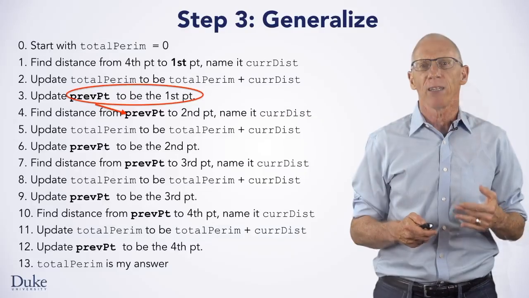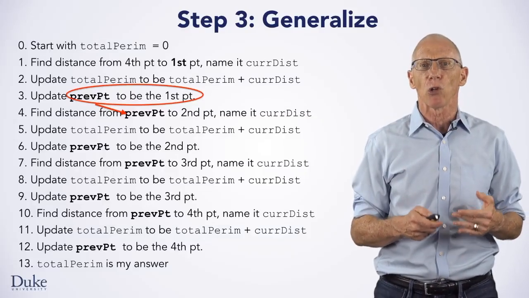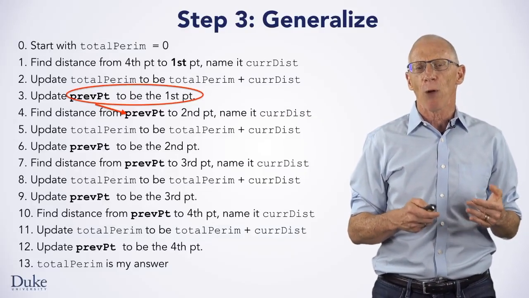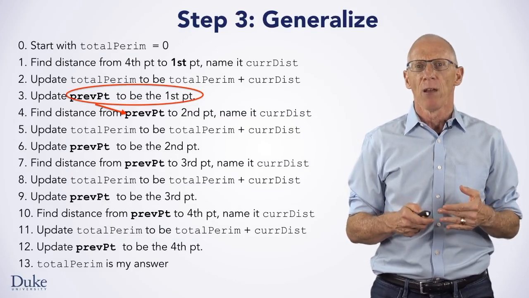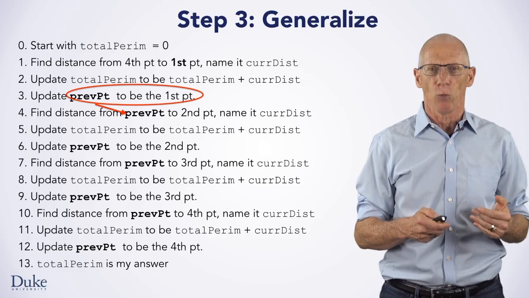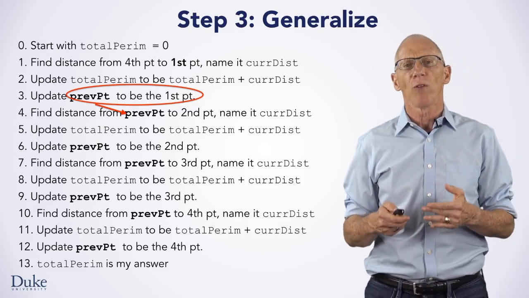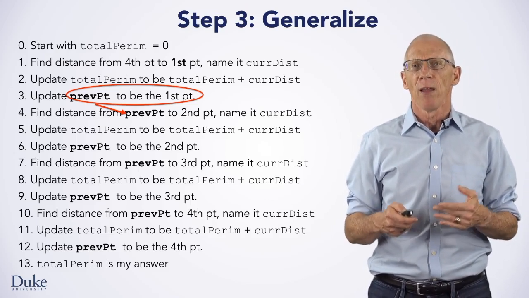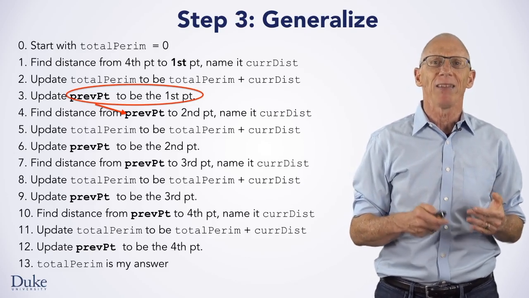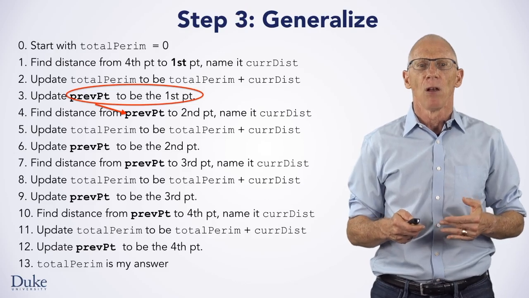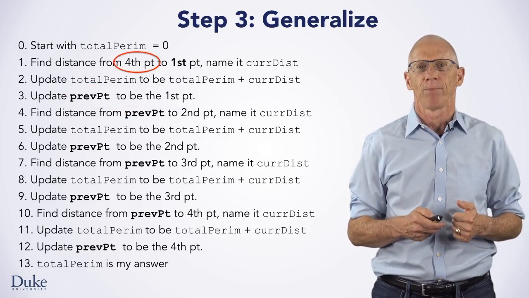We express this idea by updating our algorithm to look like this. Notice how we update prev point to be the point we just finished with, before moving on to the next point. Then we make use of that point in the next set of steps. But what about this point?